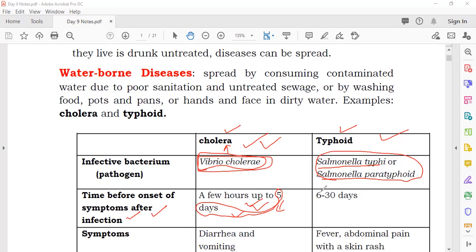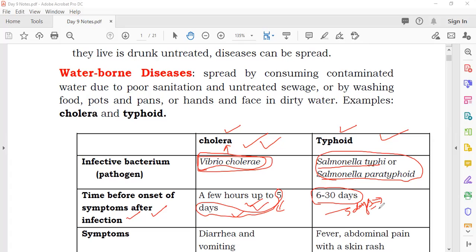And for typhoid, they're saying it takes 6 to 30 days. Normally, if you have a fever, one day you will tolerate it by yourself, then the next day you will go to the doctor, who will prescribe a medicine. After, let's say, 5 days of taking the medicine, you are not getting any benefit, meaning your sickness is still the same.